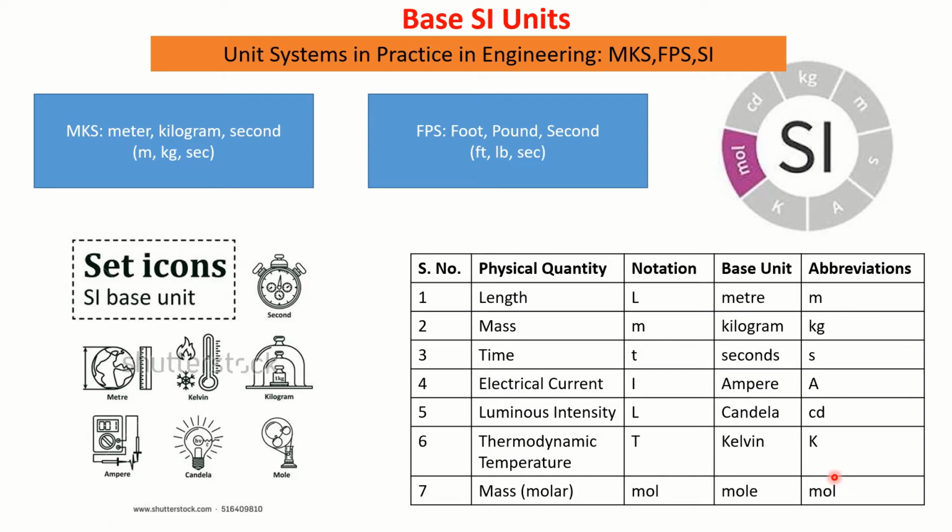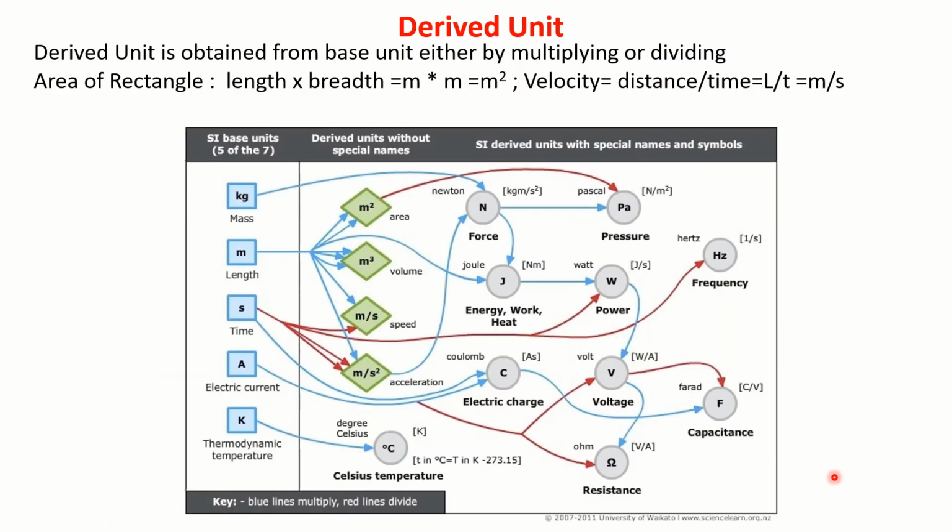We have derived units. What are derived units? Derived unit is obtained from base unit either by multiplying or dividing. For example, area of rectangle is nothing but length into breadth. The unit of length is meter.